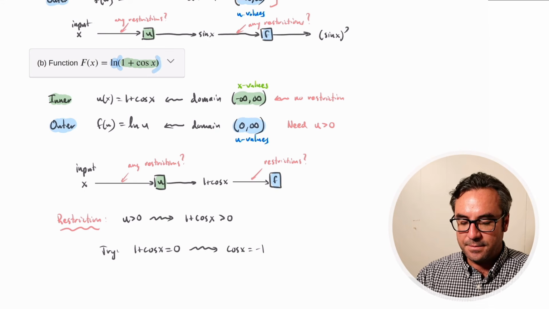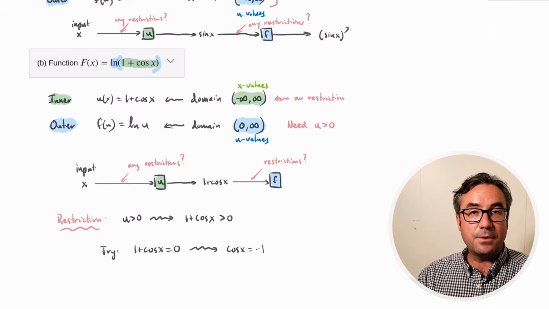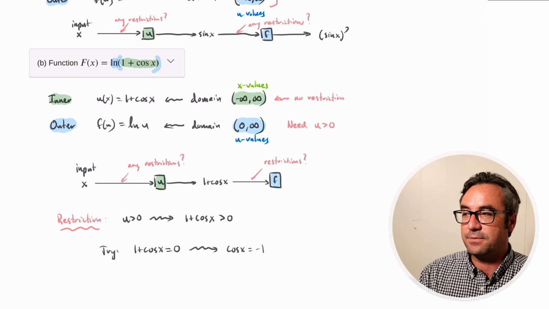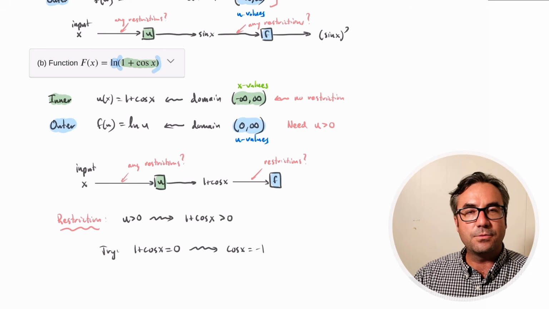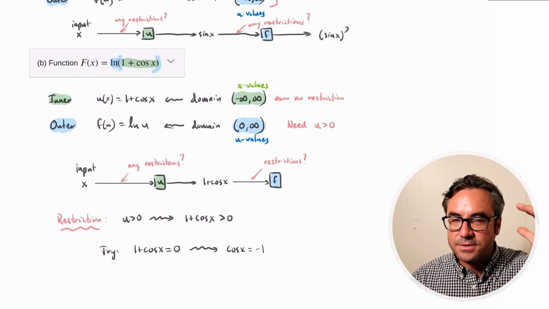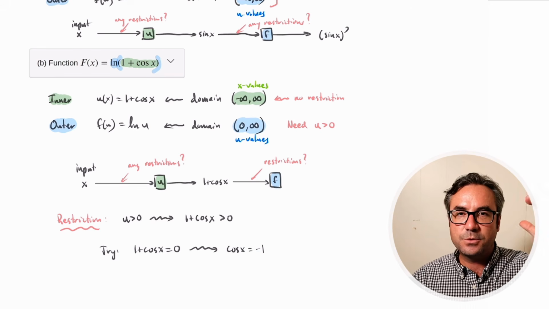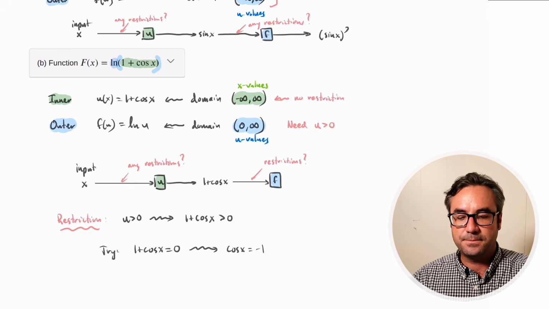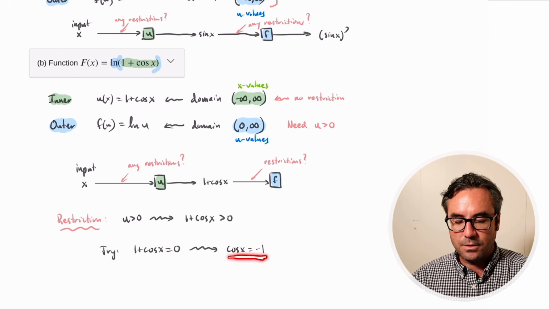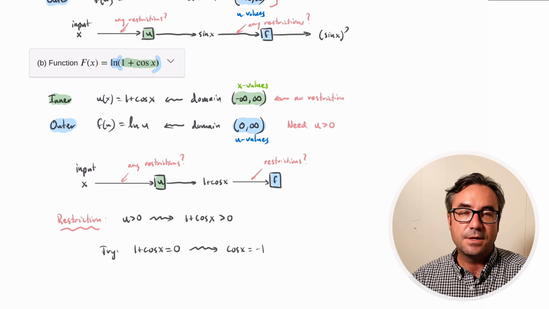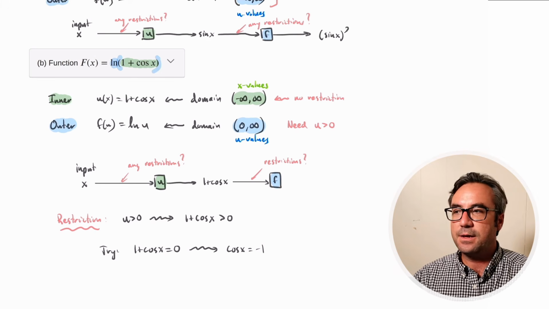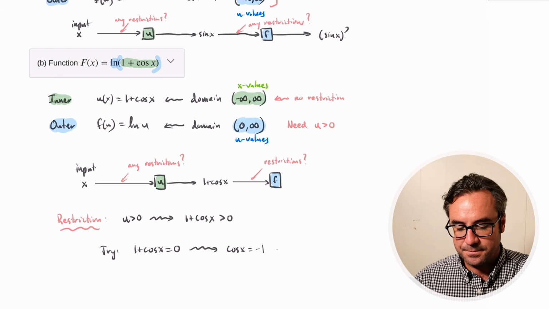And then if we figure out where cosine x is equal to -1, if we remember back to our graph, cosine x only bounces back and forth between -1 and +1. So all of those -1 places, these are the odd multiples of pi.